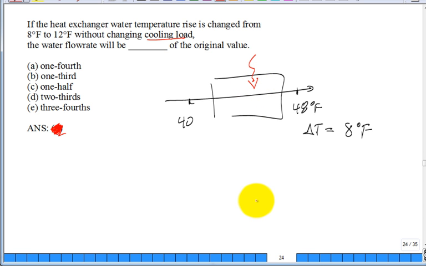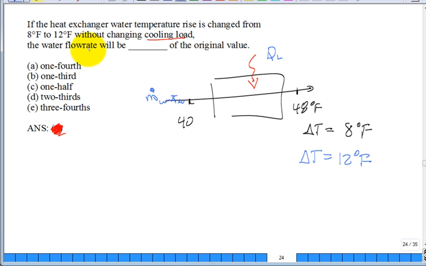All right. But then somebody says we've redesigned the cooling coil or we've changed some parameters and now it's 12 degrees F. For the same load, the same Q load, what is the change in mass flow rate of the water?